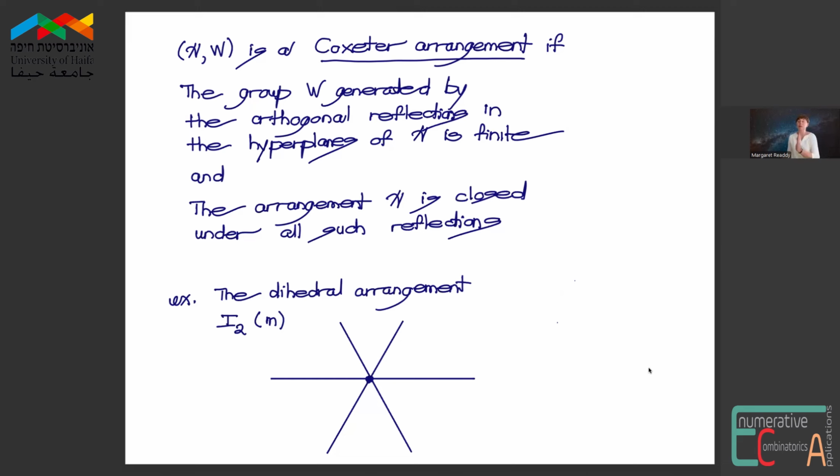So if you fix a hyperplane and you start reflecting the other hyperplanes over that, everything is fixed. So it's closed, rather. An example would be the dihedral arrangement I2 of M. It consists of M lines.